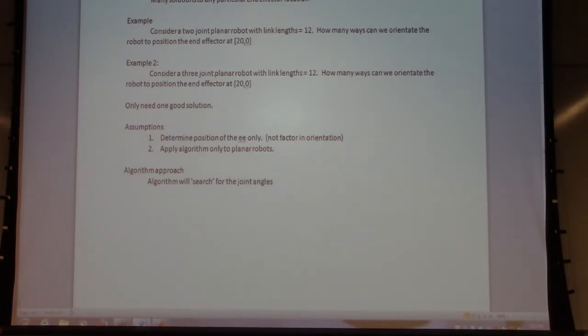And again, since we're only considering revolute joints, it's only the joint angles we need to find that will achieve the destination. And I should say that will position the end effector at the destination. Okay.